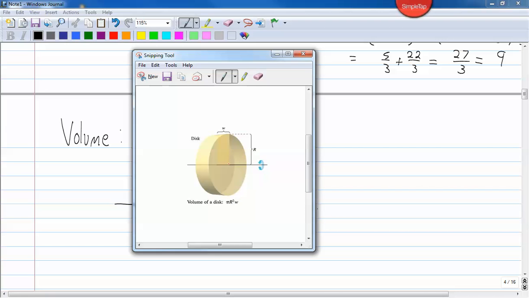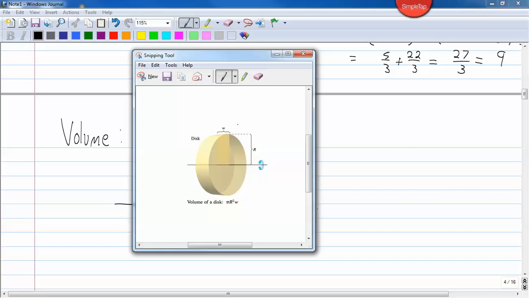If you know this radius here of the disk, the outside of the disk, and you know the width of the disk, you can find the volume by saying pi times the radius squared times the width. Remember, the width is what we call delta x.